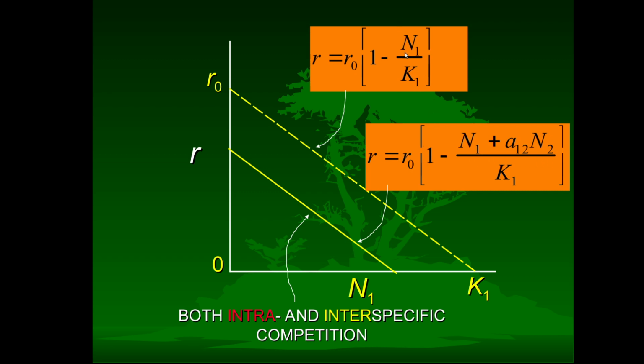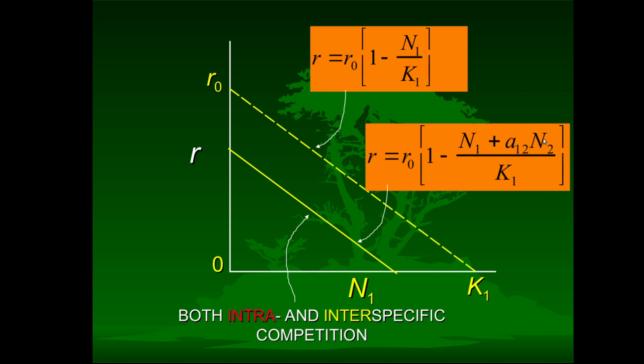So this is just your own species right here, reducing little r. But now we have the other species in here too in this term right here. It's the competition coefficient multiplied by the number of individuals of the competitor.